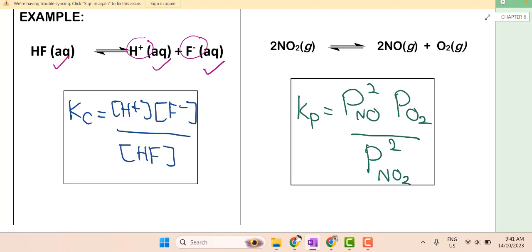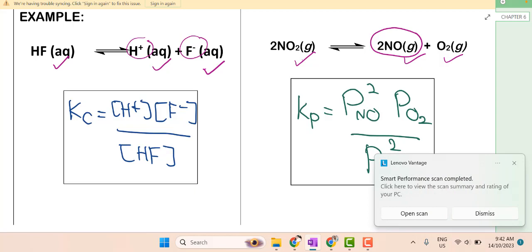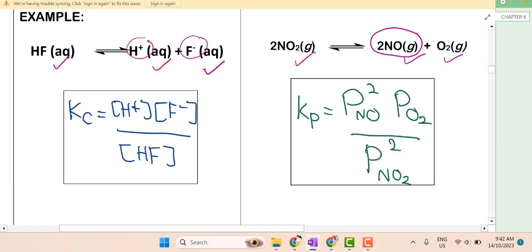For Kp, we only take gaseous state, so we take everything: the partial pressure of NO to the power of 2, multiplied by the partial pressure of oxygen, divided by the partial pressure of NO2 to the power of 2. So Kp is expressed in terms of partial pressure, and Kc is expressed in terms of concentration. Kc takes aqueous and gas.